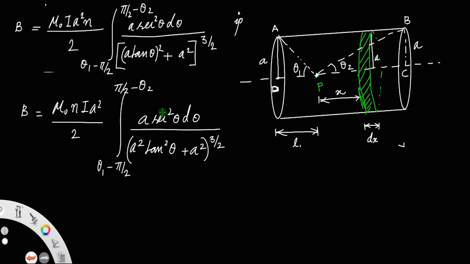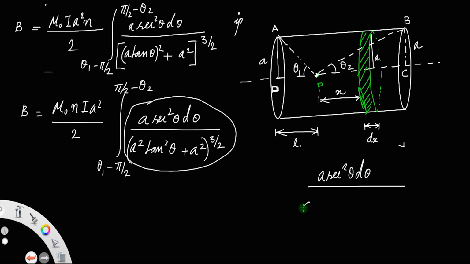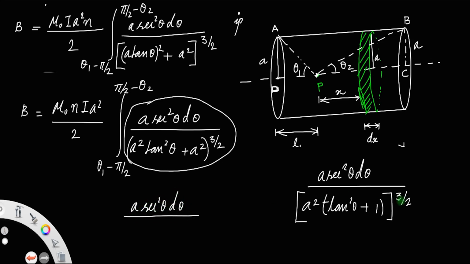This can be written as a sec square theta d theta divided by, taking a square as common, (a square (tan square theta plus 1)) whole raised to 3 by 2. We can give the 3 by 2 to both terms.